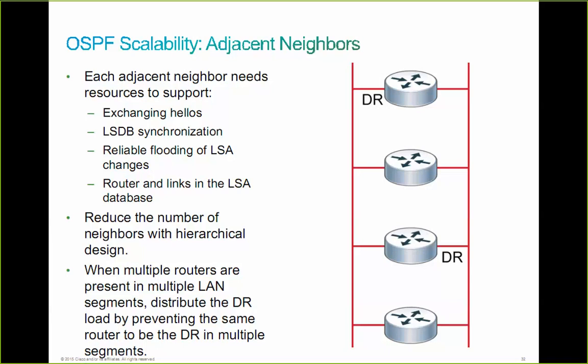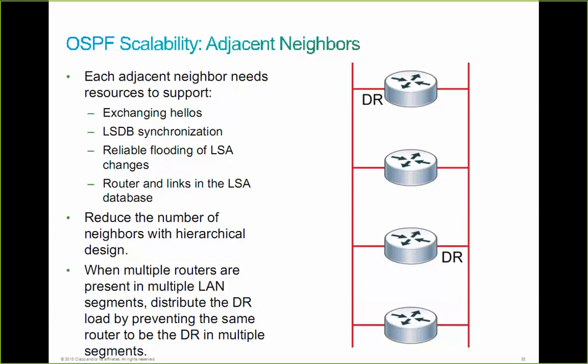Both are generated by an autonomous system boundary router that is redistributing routes from another routing process into OSPF. So Type 5s and Type 7s describe external networks that are being redistributed into OSPF.